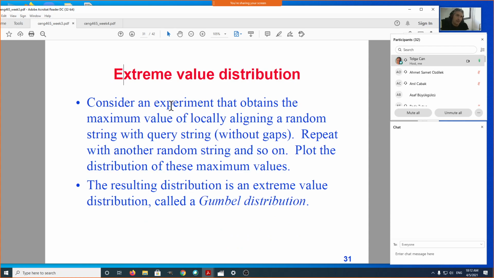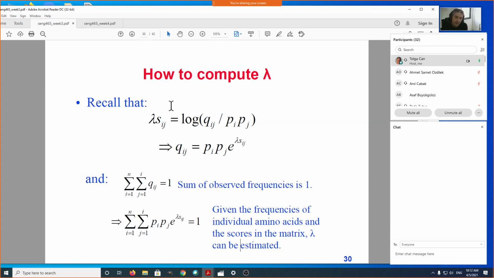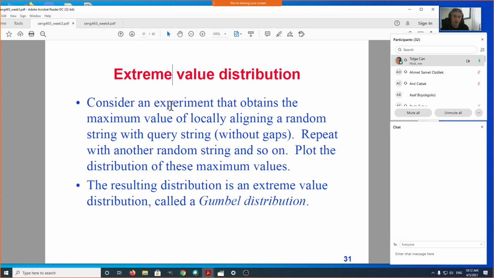And as I said, the original initial analysis by Karlin and Altschul was only for alignments with no gaps. Analyzing the statistical significance of alignments with gaps was difficult, but they did that empirically by looking at the distributions of random alignments.